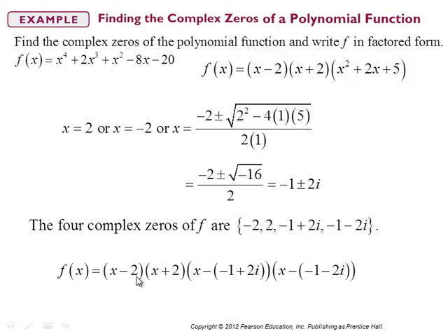So anyway, here's the product of those four linear factors. And it turns out that any nth degree polynomial, just like we saw at the beginning of this presentation, can be written as a product of n linear factors. So that's it for this section.